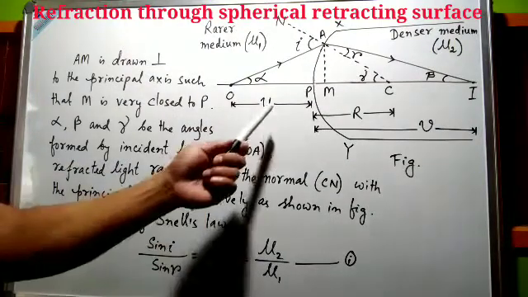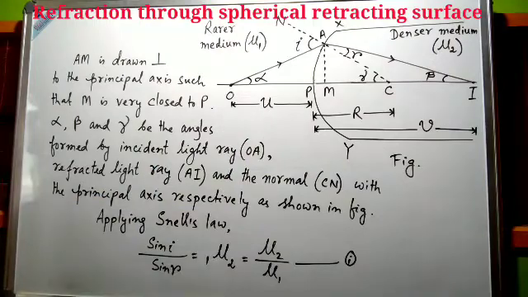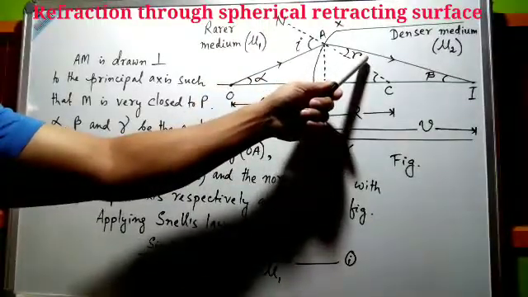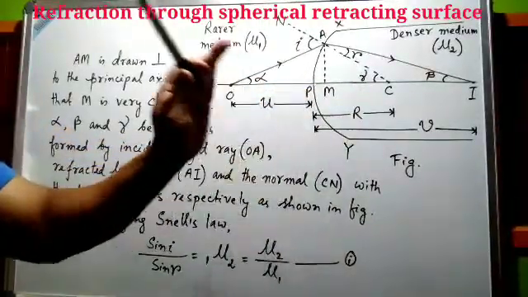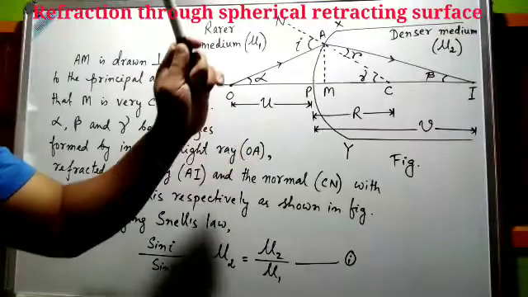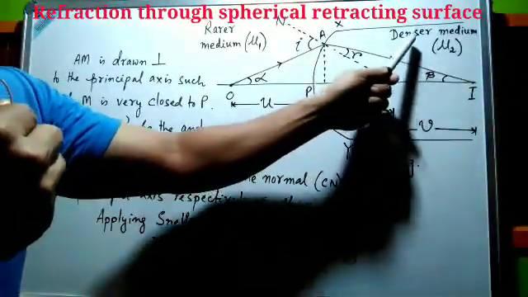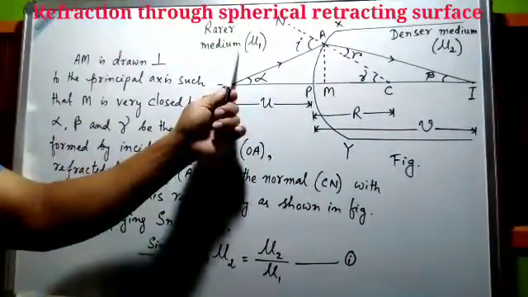Applying Snell's law, sine I divided by sine R, sine of angle of incidence divided by sine of angle of refraction, equals the relative refractive index of the medium in which the light is refracted, that is the denser medium with respect to the rarer medium.